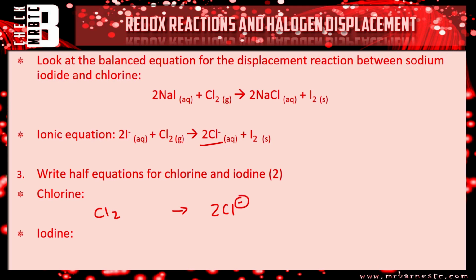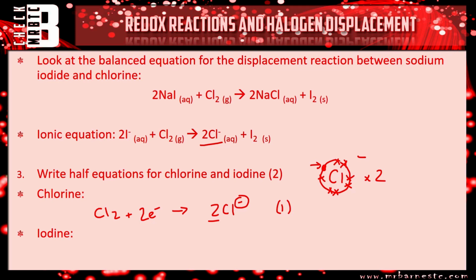Now remember, if it's got that negative ion, it means we've got a chlorine atom, which normally has 7 electrons in the outer shell, but it's gained 1 to become negatively charged. So to get from there to there, we have to add an electron on, and then you need to balance it because I've got 2 chlorines, therefore I need that. So you get 1 mark for going Cl2 plus 2e- goes to 2Cl-.